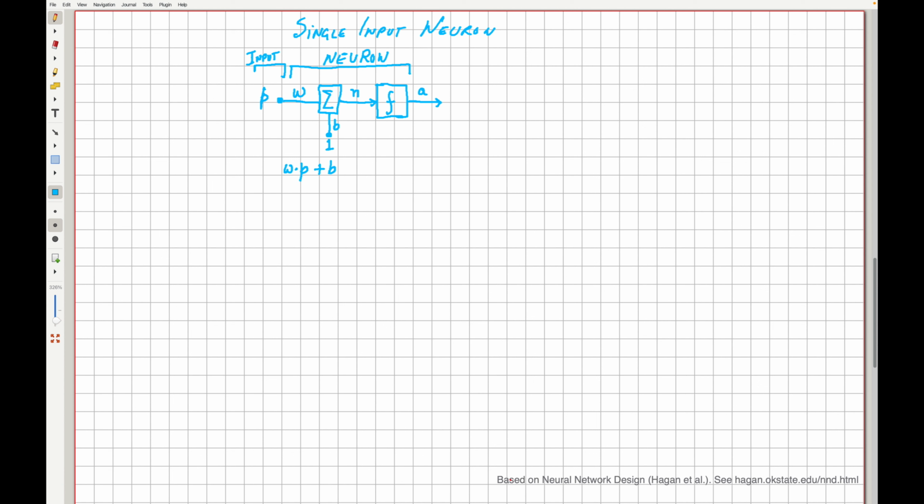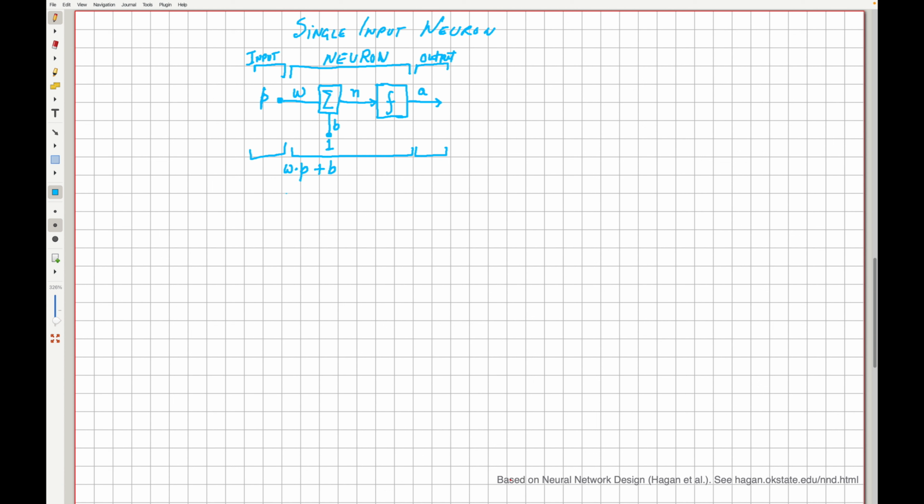And then beyond that, which is right here, that is our output, and you can show that down here as well. So that's the input part, then this is the neuron part, and then that's the output part. This output could be input, and so it depends where this a is.